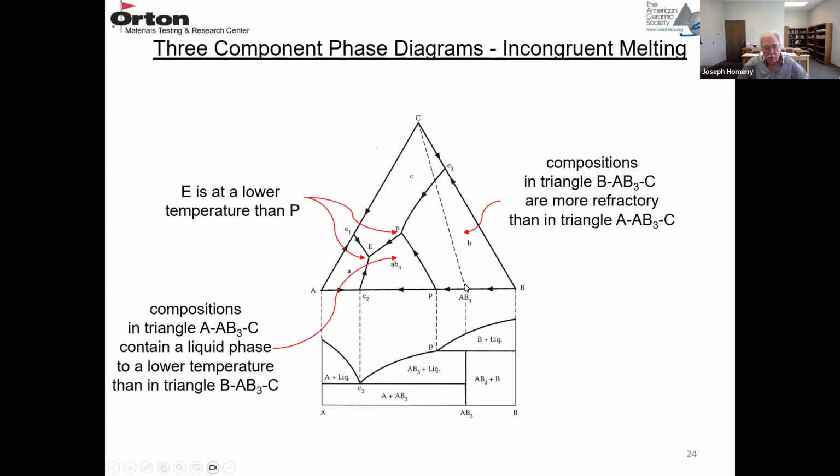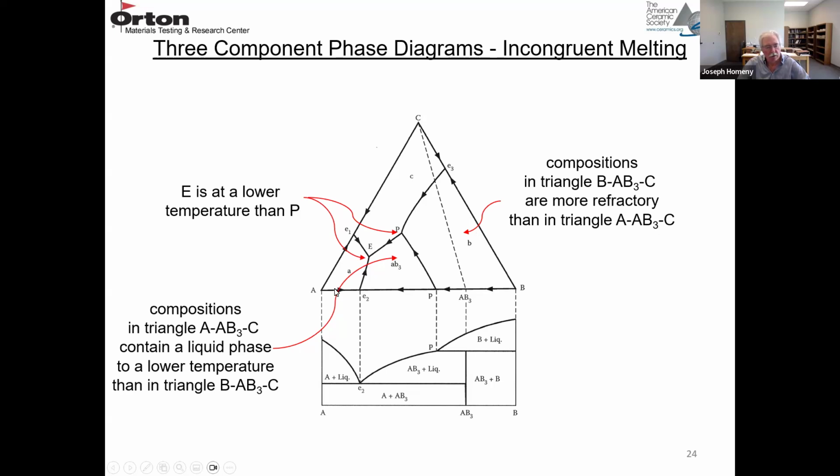If we don't have the temperature contours on here, compositions in this triangle, B, AB3, C, are going to be more refractory than in this triangle. Actually, A, AB3, and C. If you follow the arrows, you see they're in the direction of decreasing temperature. So if you, again, look at the arrows, E is a lower temperature than P. And this region is a much lower temperature than over here.